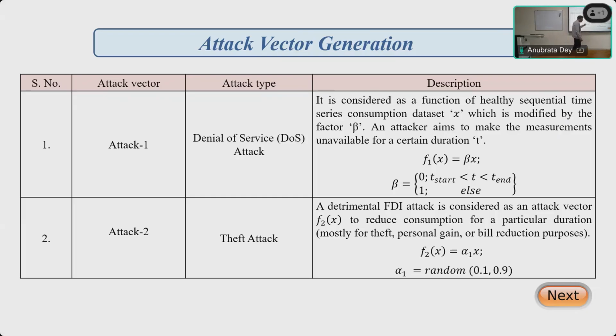Same way for other types of attack, let's say a theft attack, you can write other code, maybe multiply your original data set with some factor alpha, and you can vary that alpha using some random function. You can multiply your data set with factors, maybe 1%, 10% or 90%, depending.